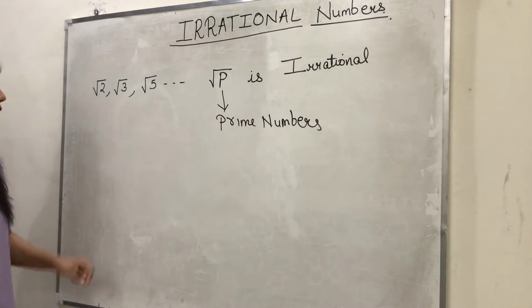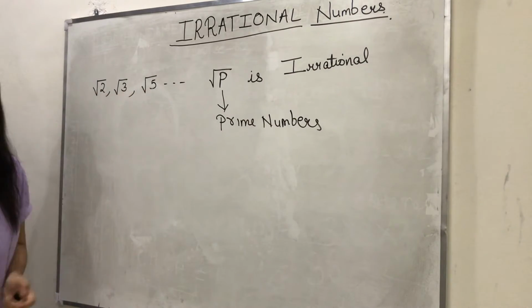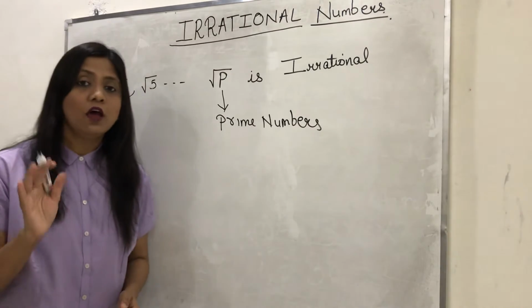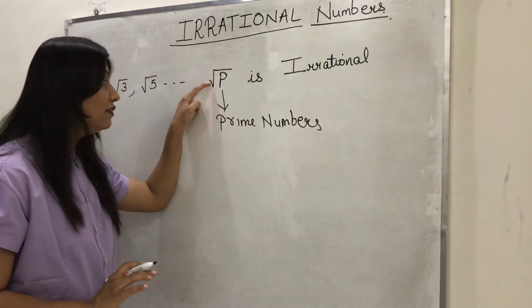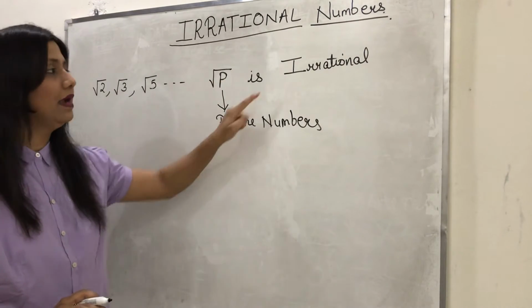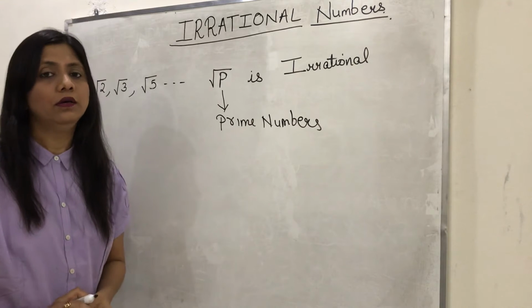So, do you remember that 2, 3, 5 all are prime numbers? In this exercise, we will prove that if inside the square root any number is a prime number, it is an irrational number.